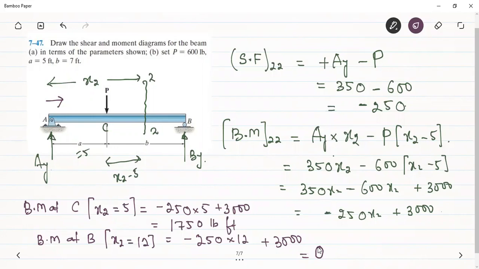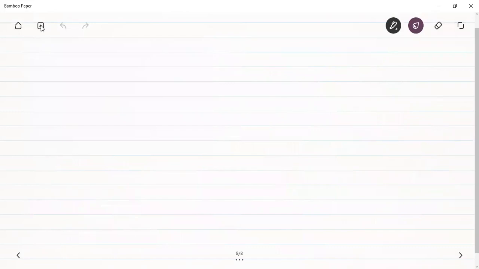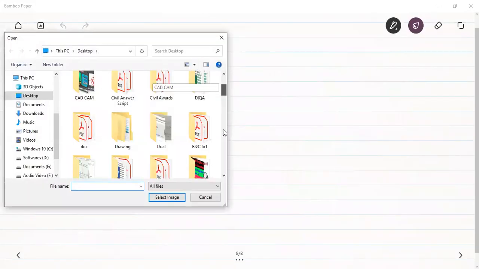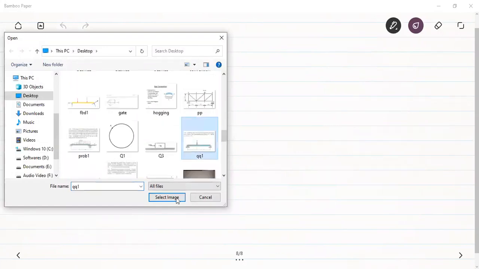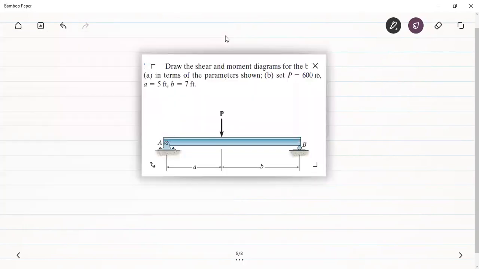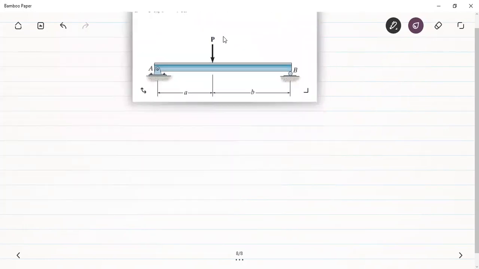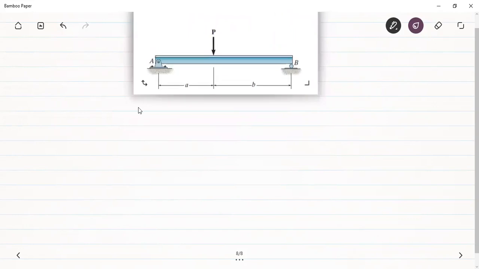Now let's draw its diagram. That's important. The shear force diagram and the bending moment diagram. Let's draw the shear force diagram first.